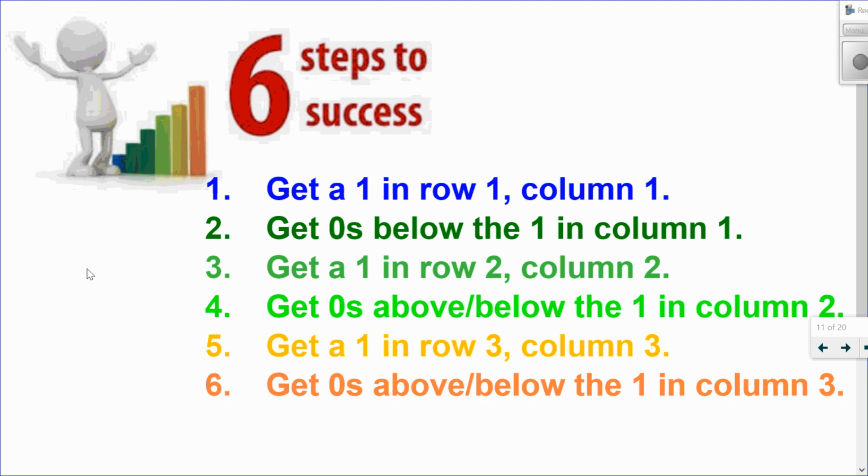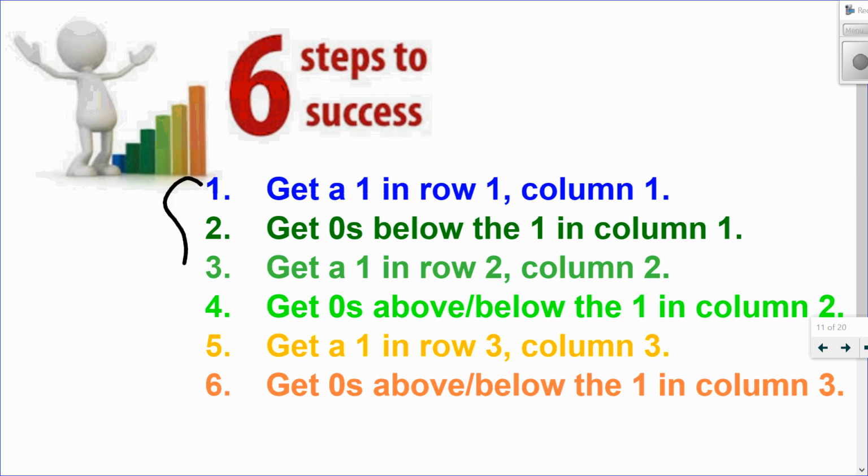So here are your 6 steps to success when it comes to matrices. Your very first step is to get a 1 in row 1, column 1, and then zeros below that. Your third step is going to be to get a 1 in row 2, column 2, and then get zeros above and below that 1. And then step number 5 is going to be to get a 1 in row 3, column 3, and zeros above and below that.